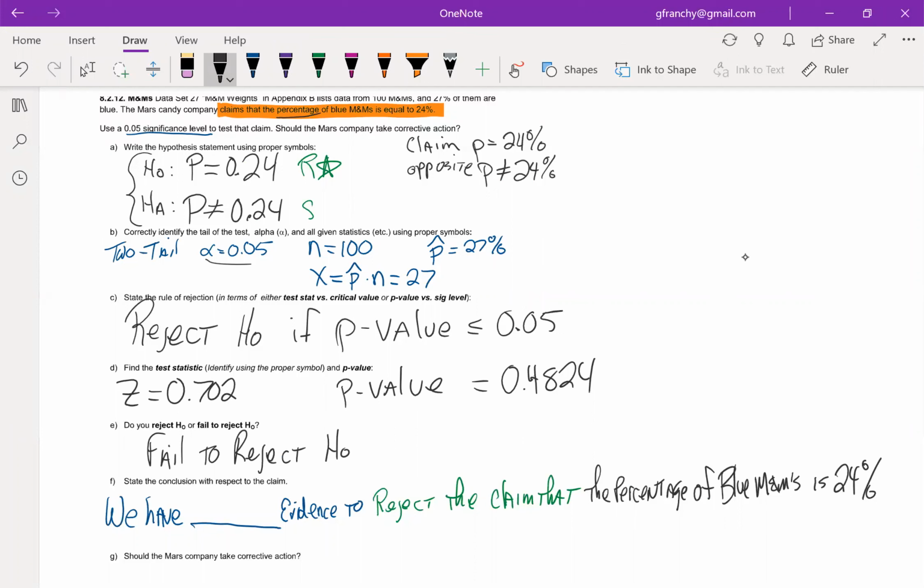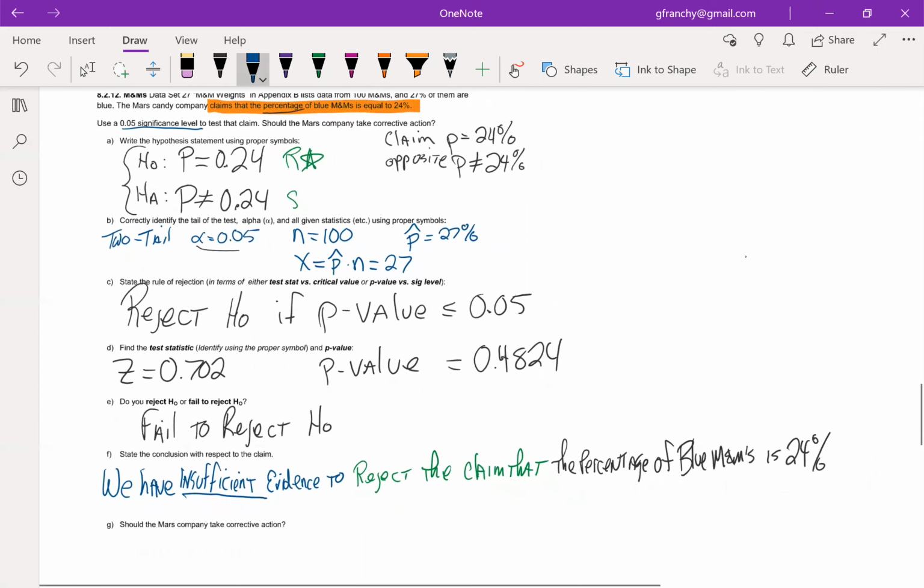Our null hypothesis was that the proportion was 24, and when we're failing to reject it, that means we got a result that was consistent with that. So when we fail to reject the null hypothesis, we don't have the evidence. The way that you will normally see this written is they'll use the word insufficient there. So we have insufficient evidence to reject the claim that the percentage of blue M&Ms is 24%.